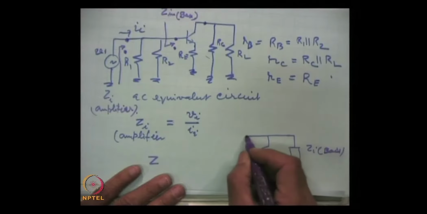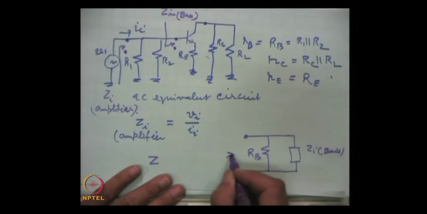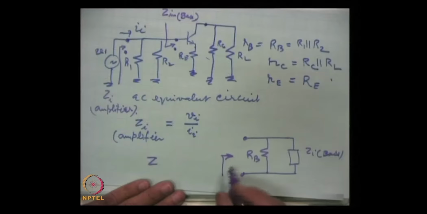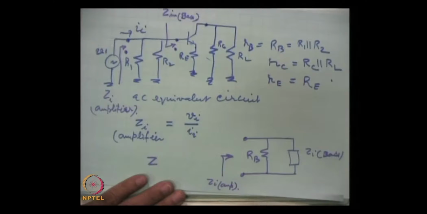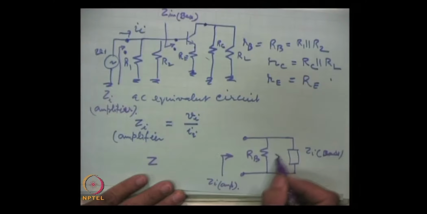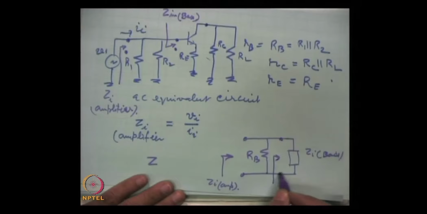Then here, considering both, it becomes Z I of the amplifier, while looking here between these 2 points it is simply Z I base.